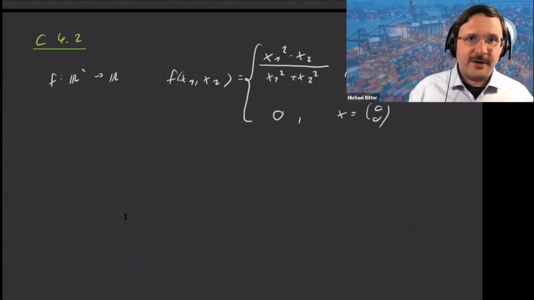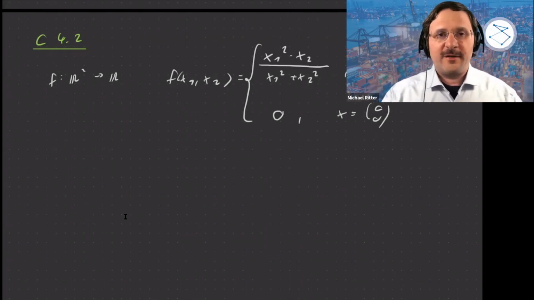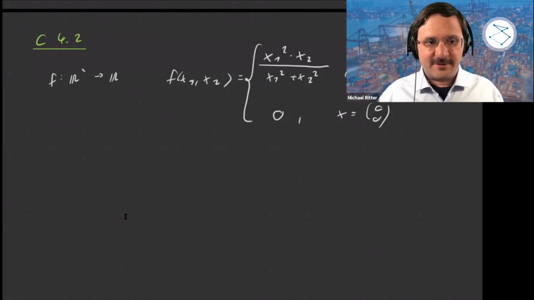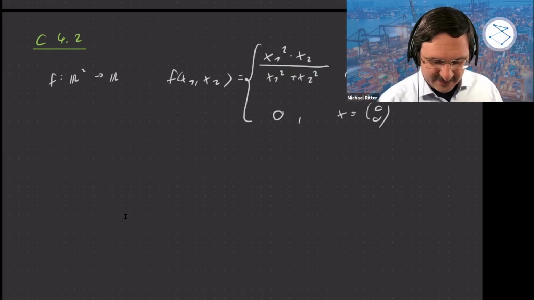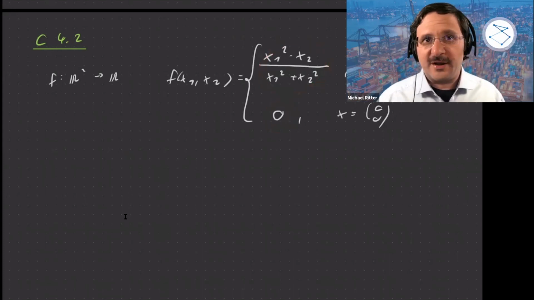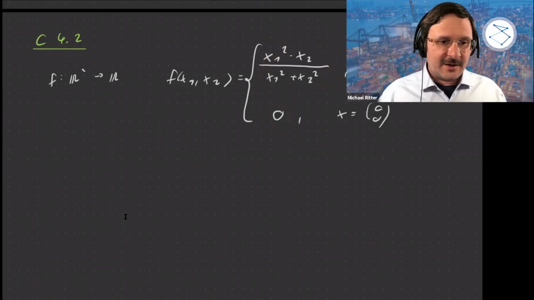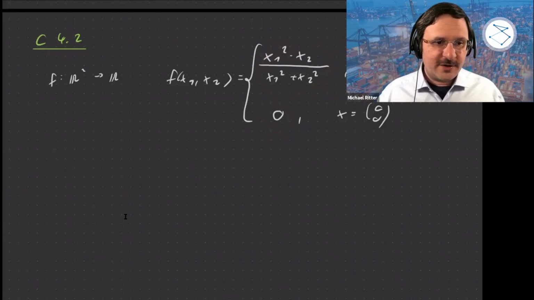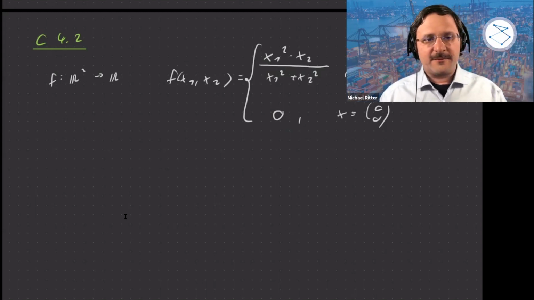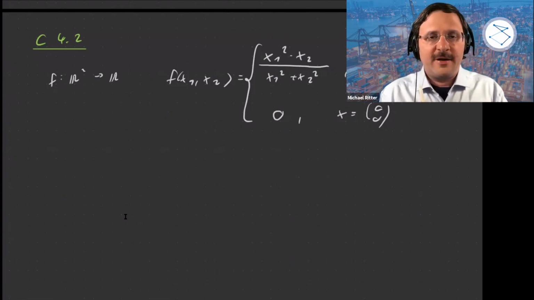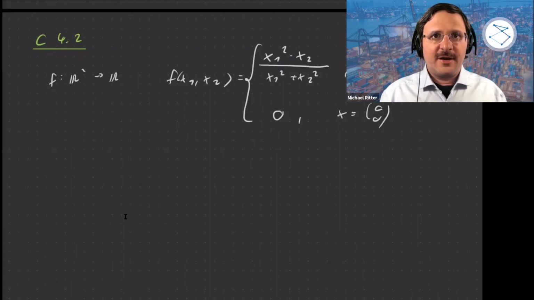Another task here is to consider that function and see what we can learn about the derivatives and the partial derivatives of that function. So first we consider f along lines through the origin. Obviously the origin is the interesting point here, because that is where that definition changes to that constant. And we're going to show that along each line through the origin, f will have a derivative along each line.